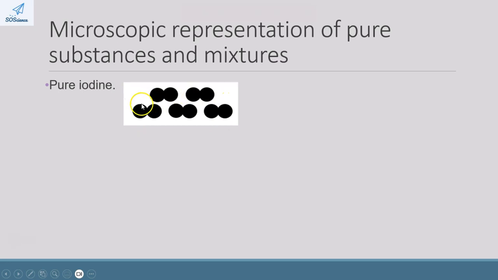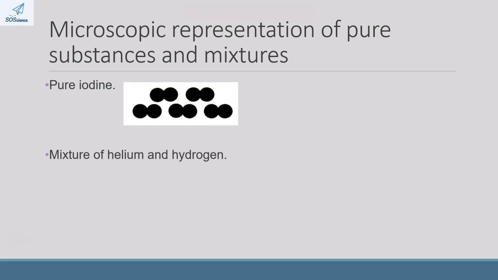Note that I place the molecules in an organized pattern and very close to each other, but there are always gaps between the molecules. That is because, based on the particle model of matter, the particles that make up matter don't touch, but there are very strong forces of attraction in between the molecules.